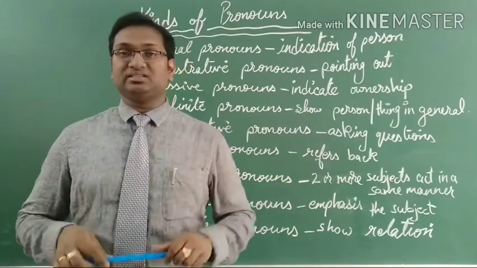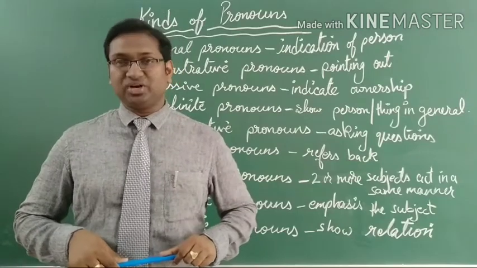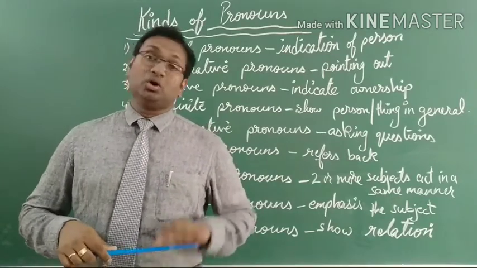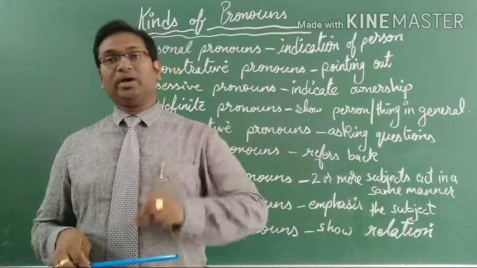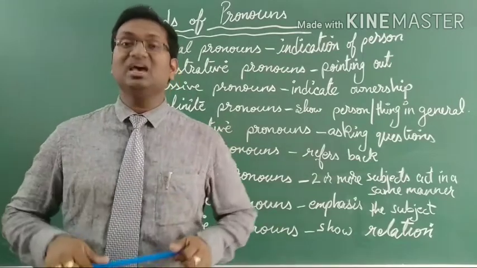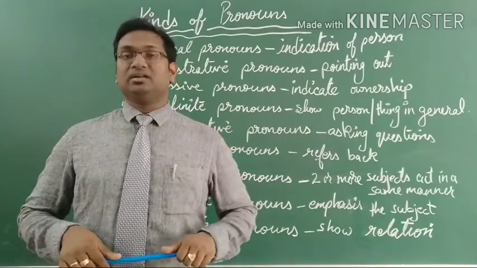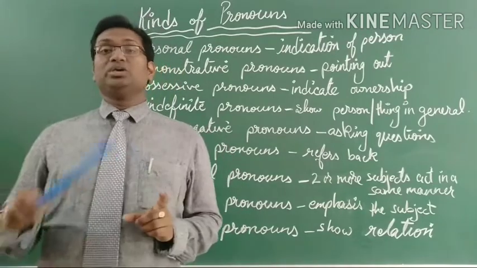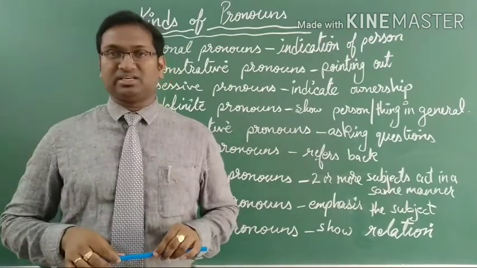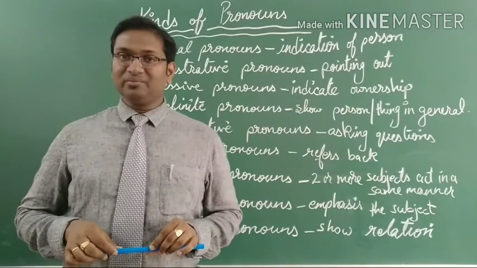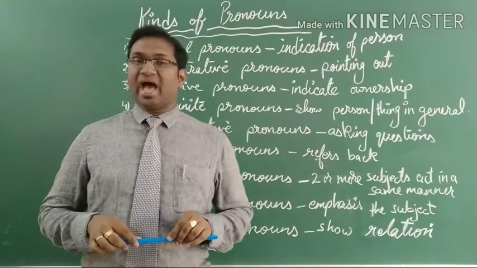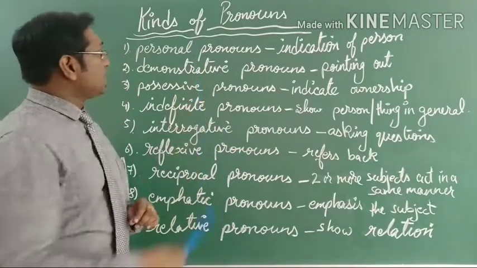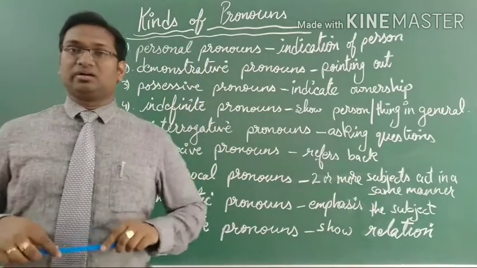And these two sentences are joined by which relative pronoun? Who. Who is also interrogative, but over here we are using who between the sentences, that is why it is called relative. Always remember, in interrogative pronouns we use a question mark at the end of the sentence. Clear? Now let's go in detail and we are going to see these types of pronouns thoroughly.